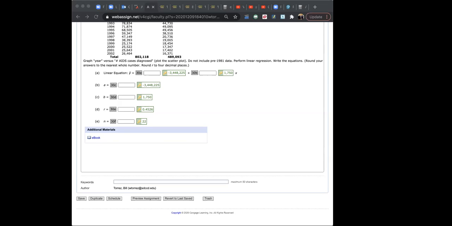Round the slope to whole numbers. 1750, the correlation coefficient, and so on, okay? And the sample size. So that concludes our problem solving.